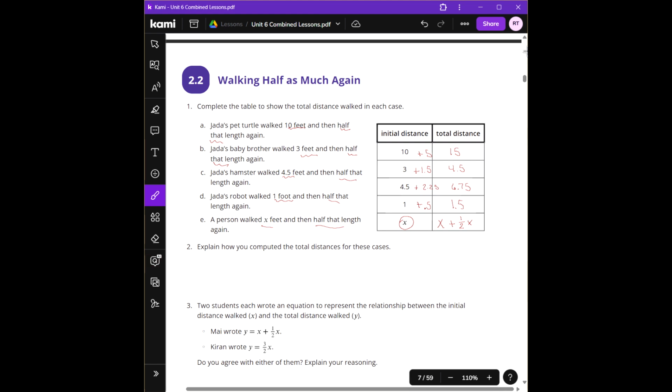So how did we get the distance for each of the cases?